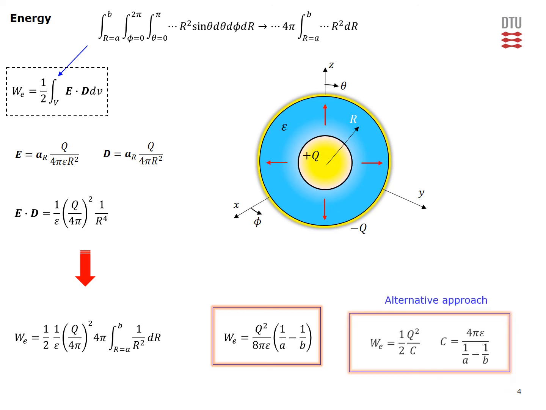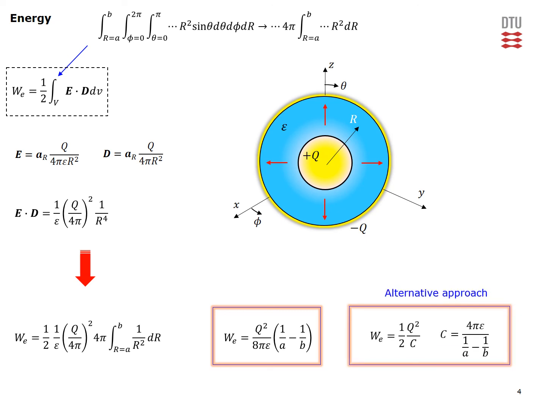We may recall that the knowledge of energy will give you an alternative approach to obtain the capacitance of our capacitor, and this is the general relationship linking the electrostatic energy with the capacitance.